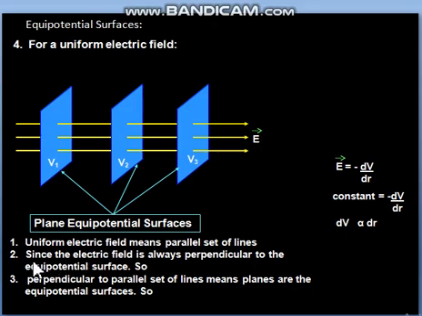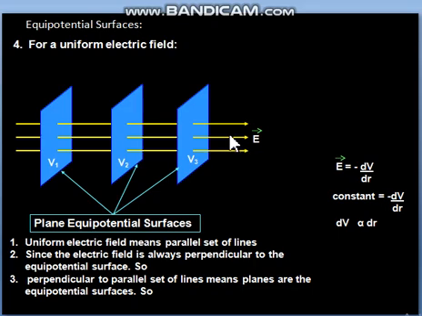Now we have understood in property number 2 of EPS that electric field and equipotential surface are always perpendicular. Okay, so suppose the electric field is along the x-axis, and the electric field is perpendicular to the equipotential surface, so we have to search for the system which is perpendicular to the x-axis.